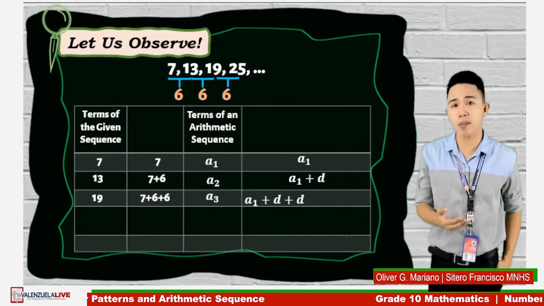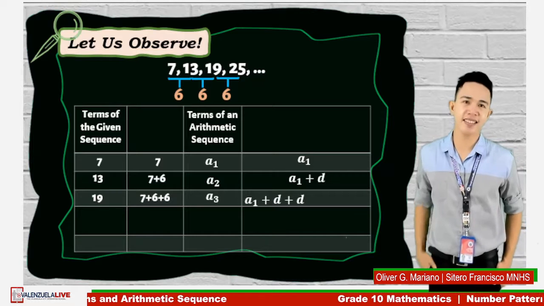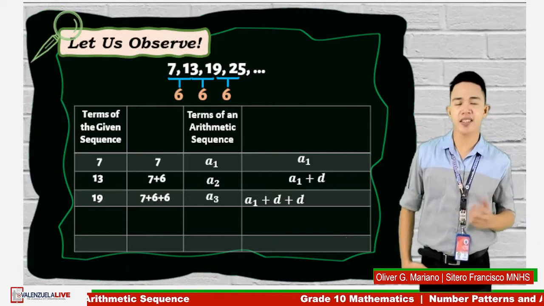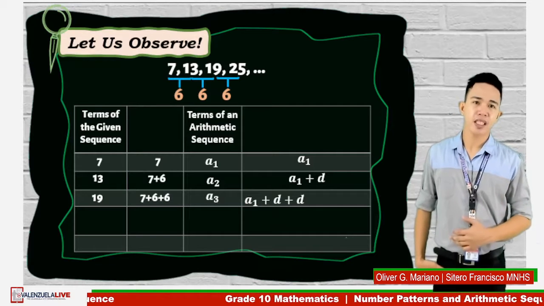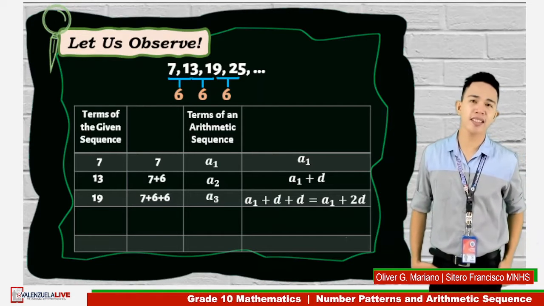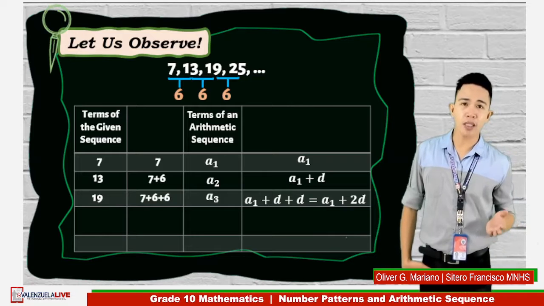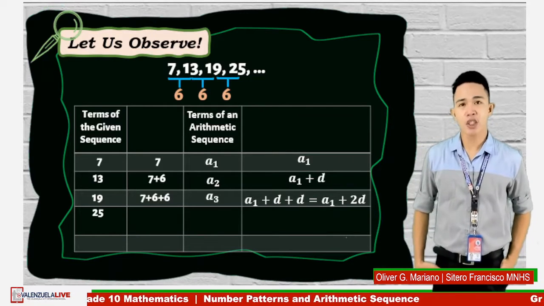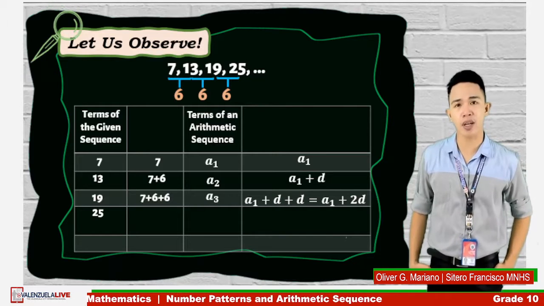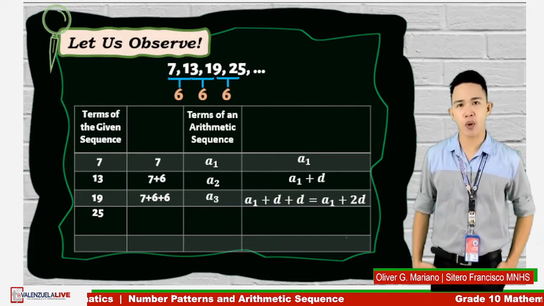Do you see some similar terms here? Nice. Thus, we can combine them, and that results to a sub 1 plus 2d. The next term in the sequence is 25, and this is our a sub 4.